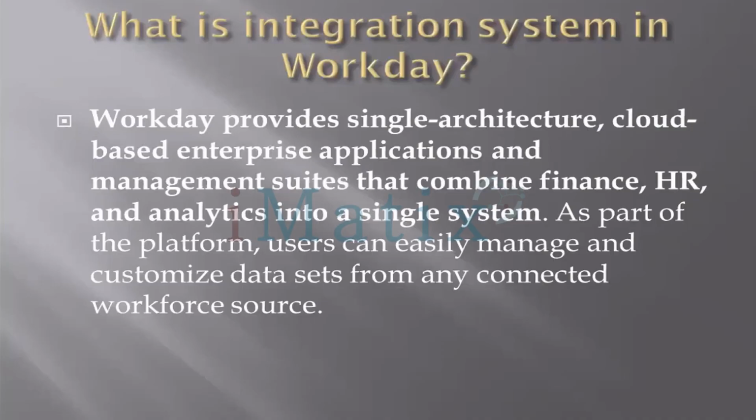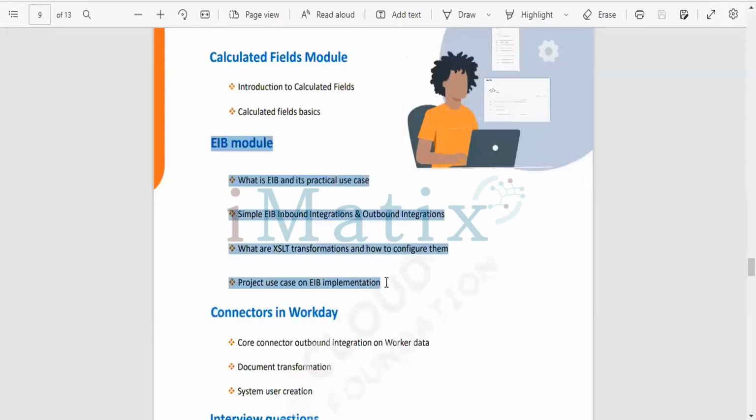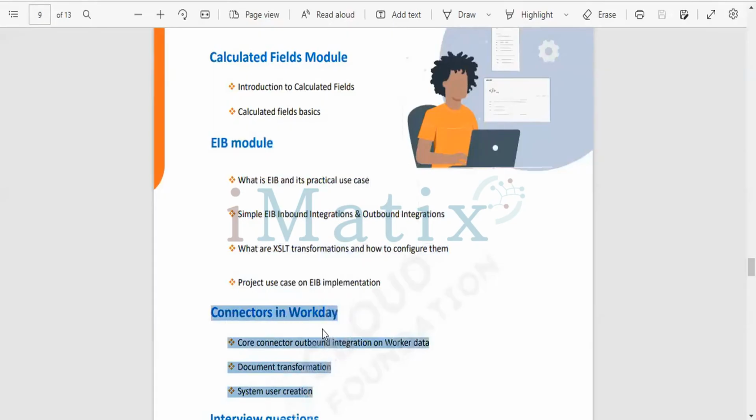In the first concept, we are going to understand how to integrate the organization data to the cloud, in the complete EIB module related to the organization and client. In the second and third sectors, we are going to understand how to use connectors in Workday related to integration, cloud data related activities, document transformation, and system user creation related activities.